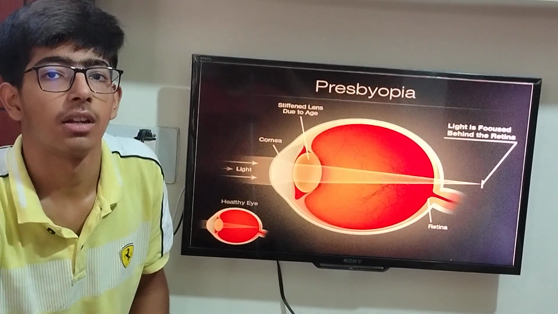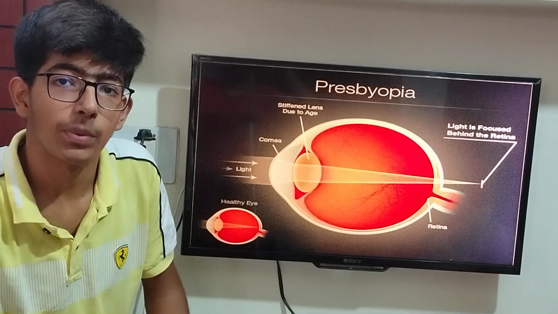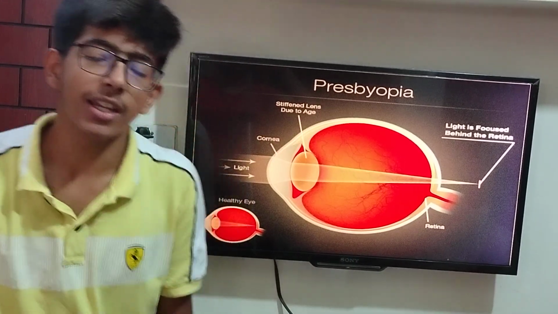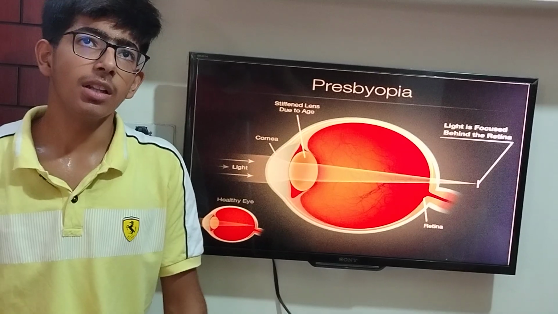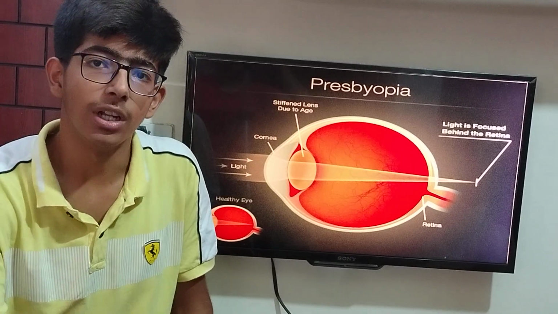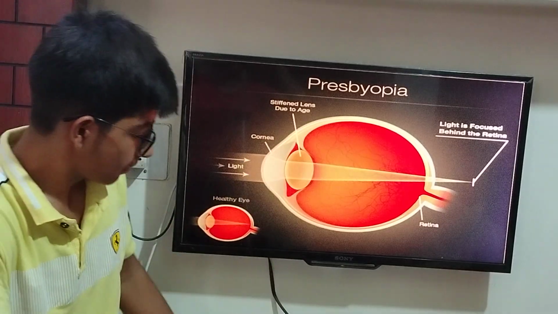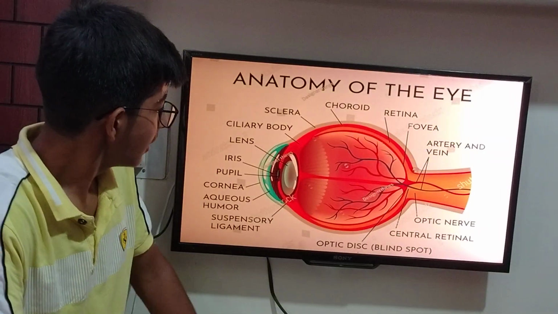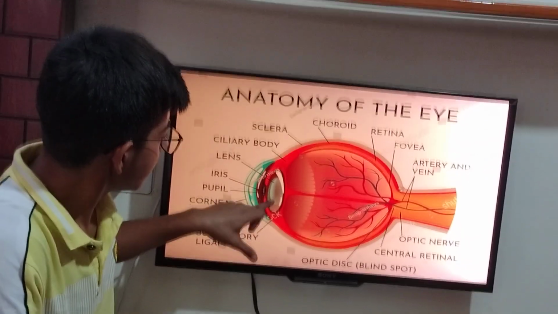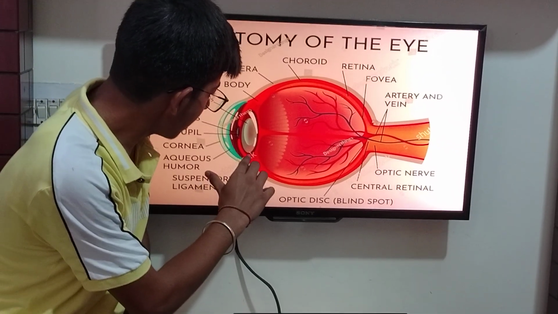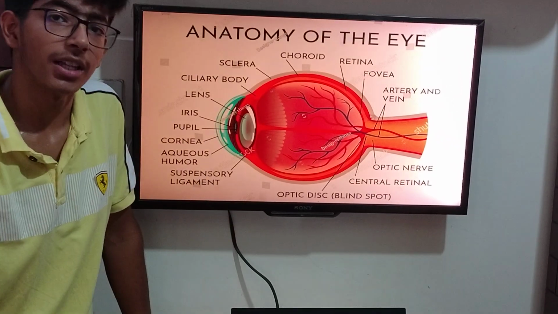This is the third defect. This is called presbyopia. This normally happens to people who are old in age. When people become old, the ciliary muscles. I want to explain that. Yes, the lens. This is our lens. Here are our ciliary muscles which hold the lens.